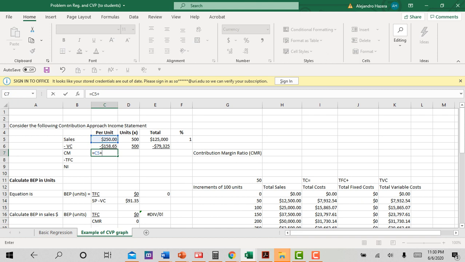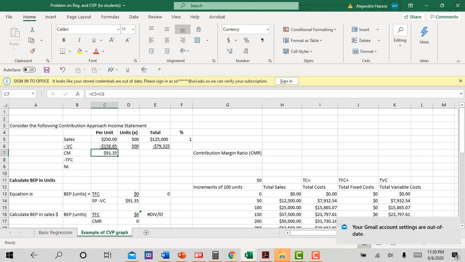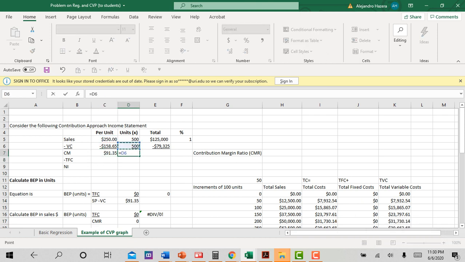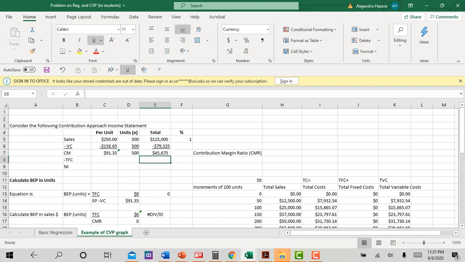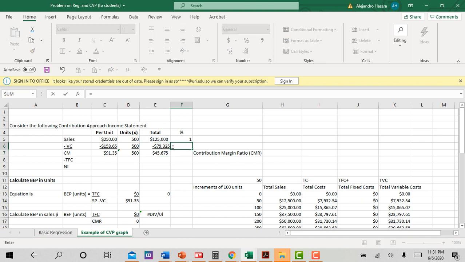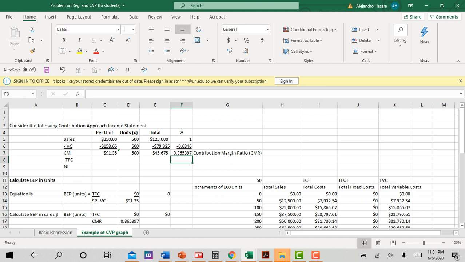Okay, and we'll just add these two numbers together. This is equal to 500 still. And we'll add these two numbers together here. Our variable costs, if I take variable cost and divide it by sales, is about 63% on a negative basis of my sales, which means that my contribution margin is about 36% of sales.